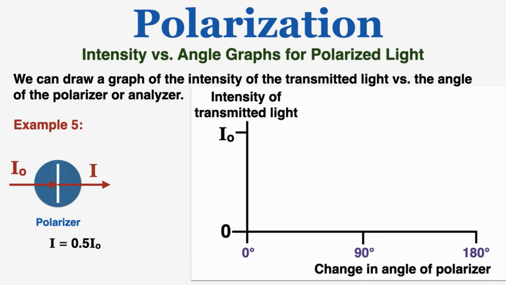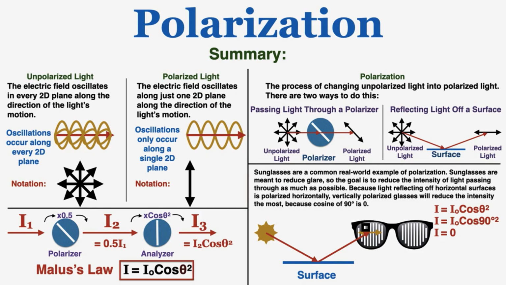So it's going to start here, and no matter how we turn the polarizer, it's always going to just polarize the light and reduce its intensity by 1/2. So that's kind of a trick question that shows up every now and then. So a graph of just a polarizer turning where unpolarized light enters and polarized light leaves is just 0.5 times the original intensity.